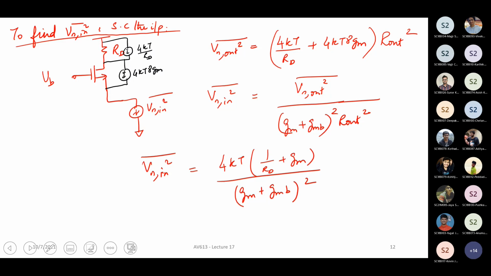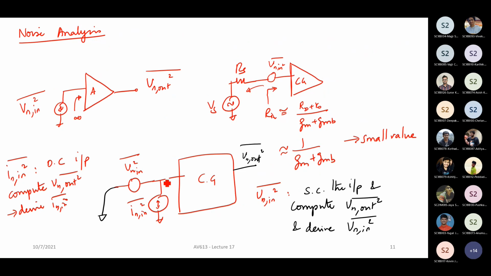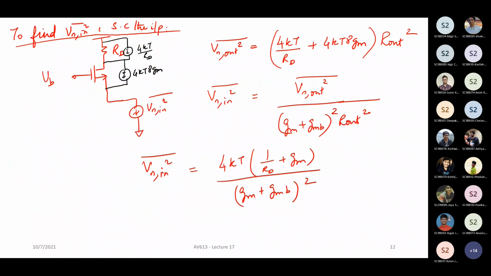So what I'm doing is computing the noise input. I'm short circuiting the input. If I short circuit the input, what happens? You have Vn in squared and then the other side is shorted. That's what I've drawn here.